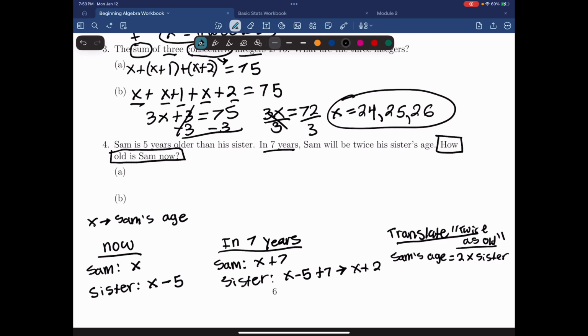So Sam's age is 2 times his sister's, and we defined that Sam is x plus 7. So we're going to write x plus 7 because that's Sam's age. And then we're going to say 2 times his sister, which is x plus 2.